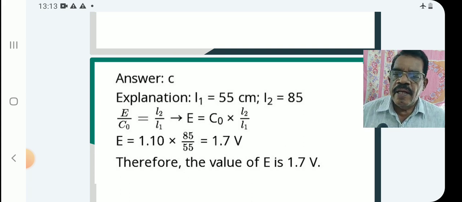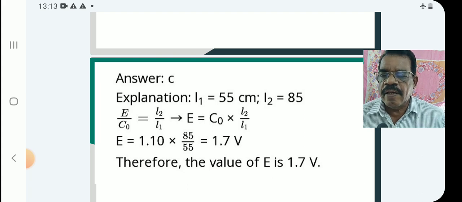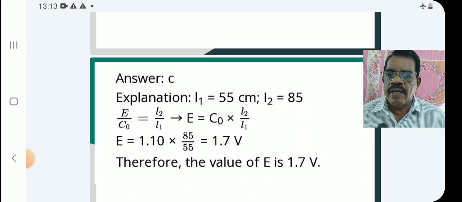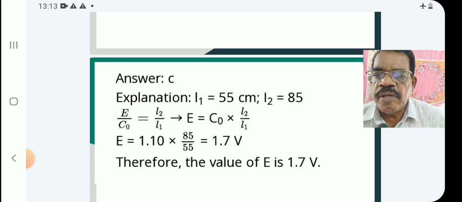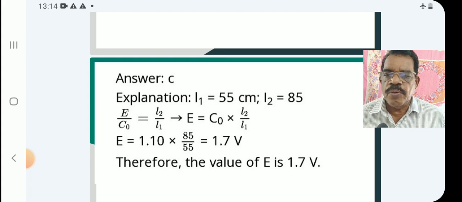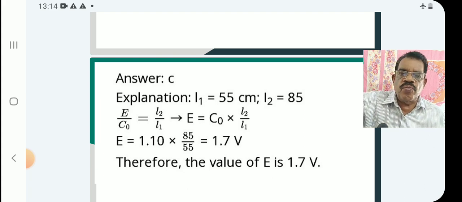E is the cell connected after replacing C0, and not the cell in the primary circuit. So E by C0 is L2 by L1. E is C0 into L2 by L1, that is 1.1 into 85 by 55, 1.7 volt. Therefore, the value of E is 1.7 volt.